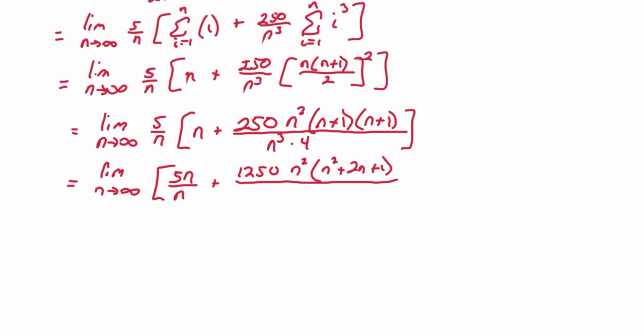And all of that is over 4 n to the 4th. At this point, we can reduce a little bit. These n's will reduce, n squared will cancel here, and we'll leave that with n squared. 4 goes into 1250, 312.5.